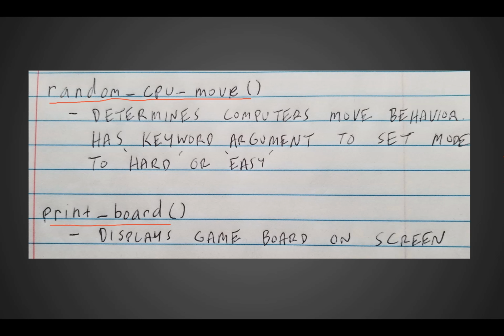The print board function is going to display the readout of the game board and the current status at various times. Really, whenever someone makes a move, it's going to display, and it's going to display on command, where there will be a command, I believe it's called print, where it's going to print the board when you specify.